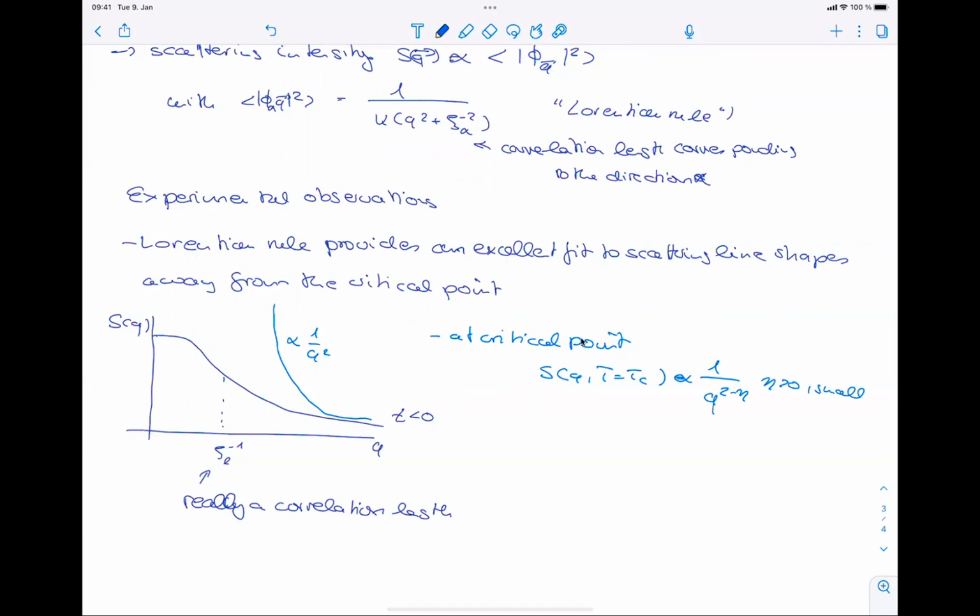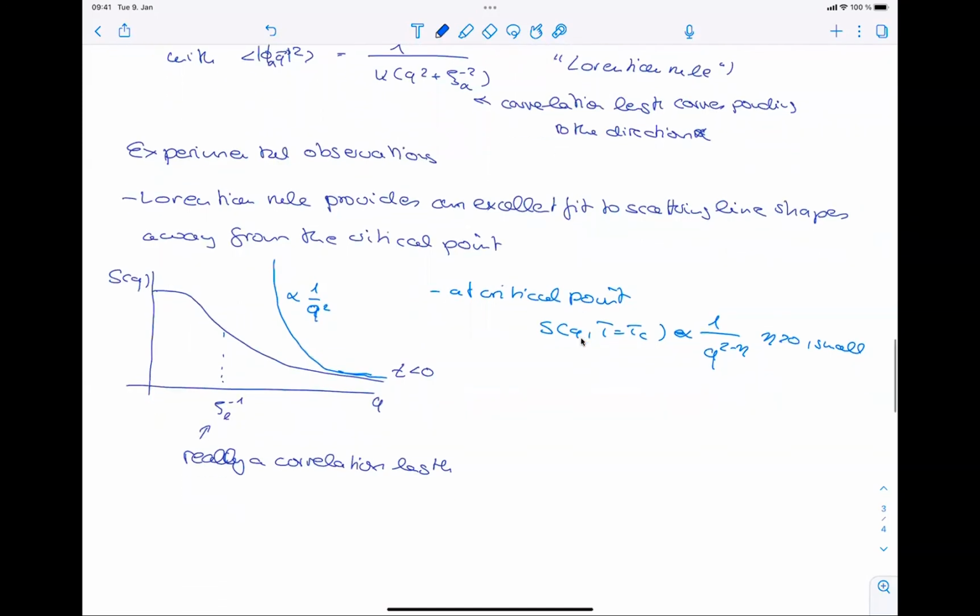So this deviation from the factor 2 is hard to distinguish in experiments. So we get this, not nicely drawn, q squared dependence. I can try to do a better job. Okay, whatever. So that would be T_c.